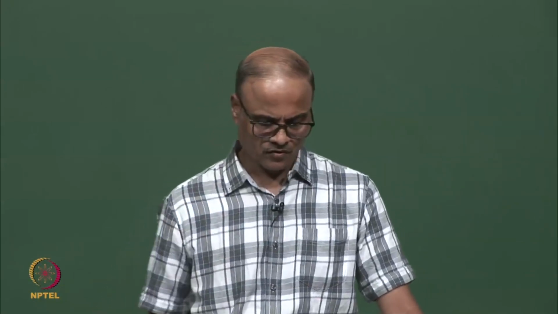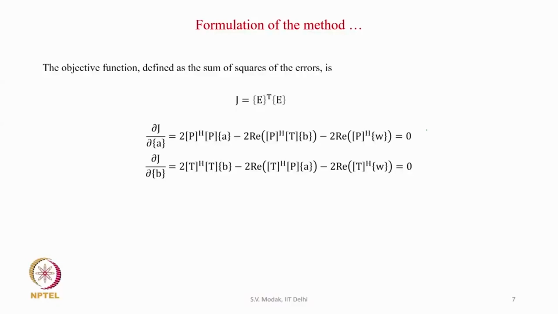The first comes from setting the derivative of J with respect to each numerator polynomial coefficient to 0, and the other from setting the derivative with respect to each denominator polynomial coefficient to 0.